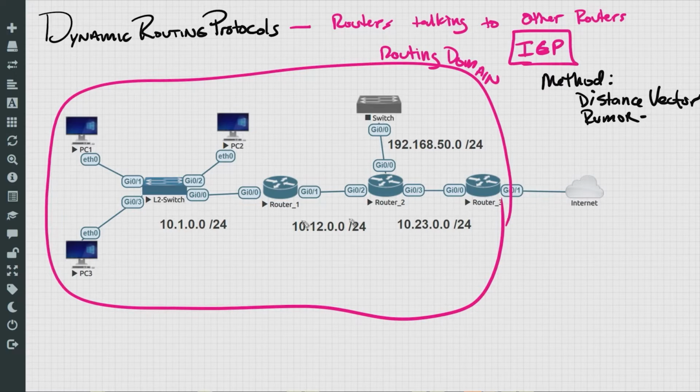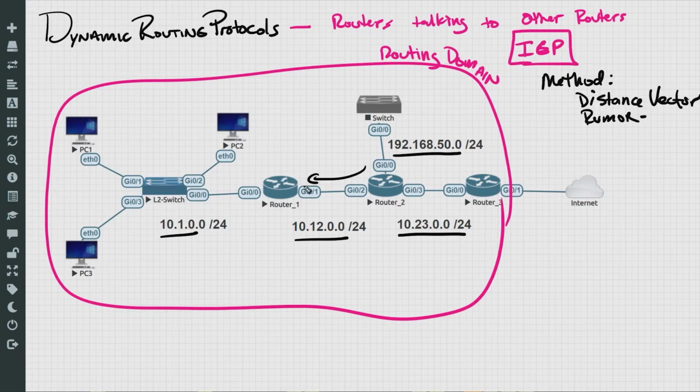Let's take a few networks specifically. Let's say 10.1 and 10.12 and 192.168.50 and the 10.23 network. And let's imagine that R2, who's the only one that's directly connected to 192.168.50, is running a routing protocol and advertises the 192.168.50 network over to R1, which effectively says, hey, Mr. R1, if you need to reach the 192.168.50, just send it my way and I'll take it from there.